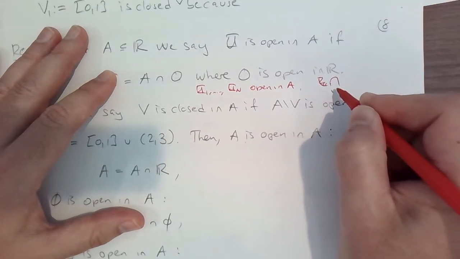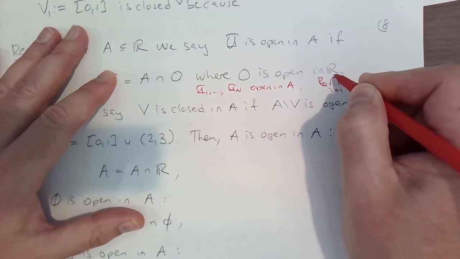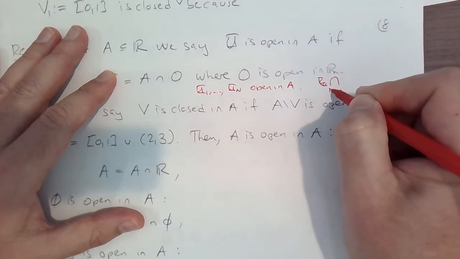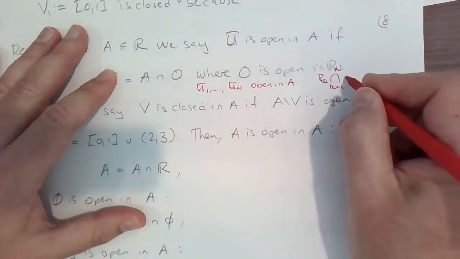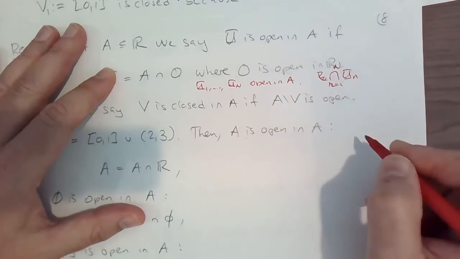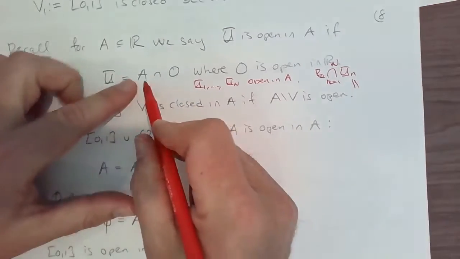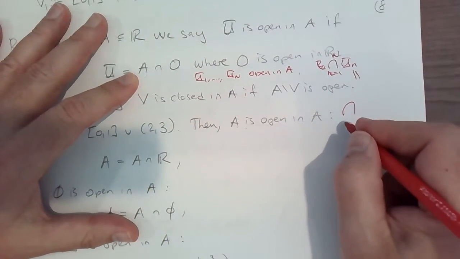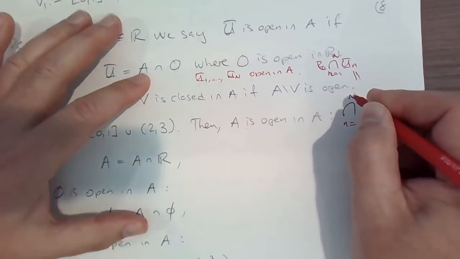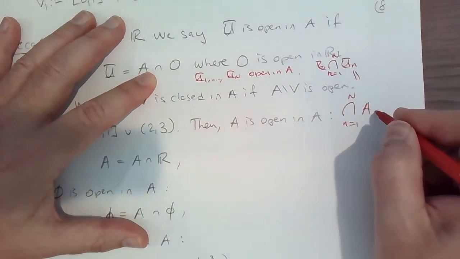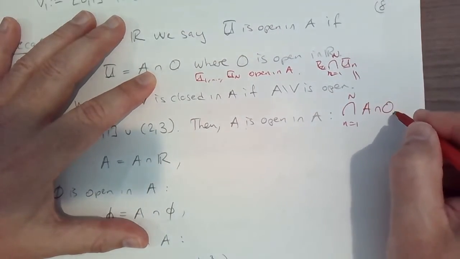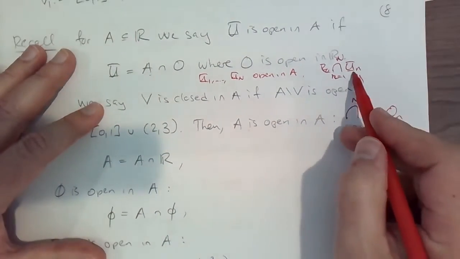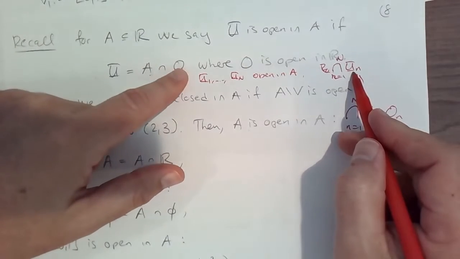So if we take the intersection from 1 to n of Un, I can write out what this is. This is going to be an intersection from 1 to n of A intersection with On. Each of the Un sets comes with its own open set.